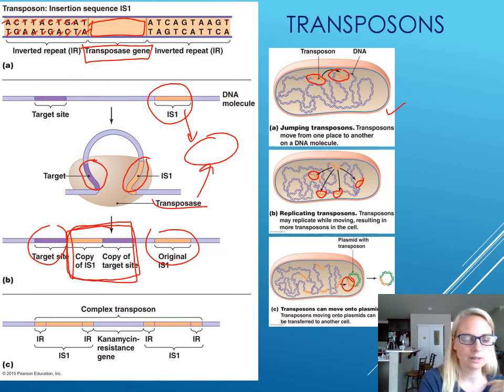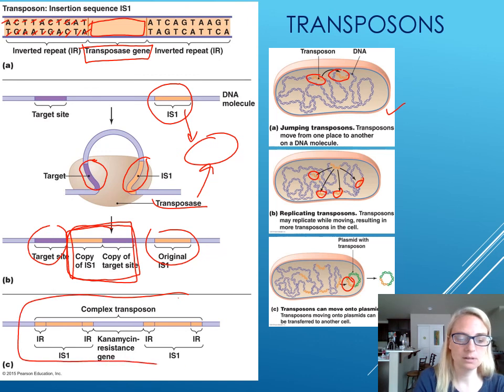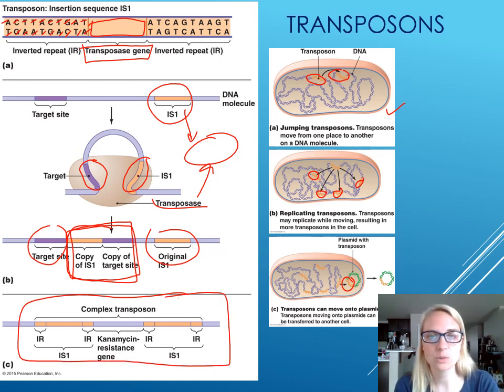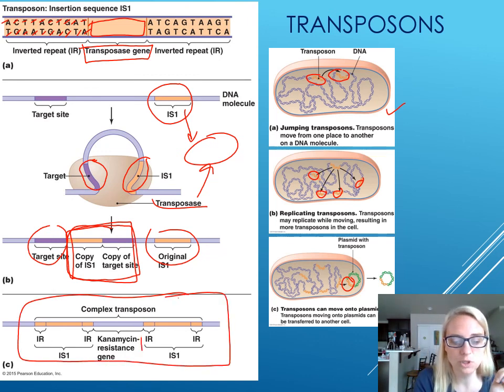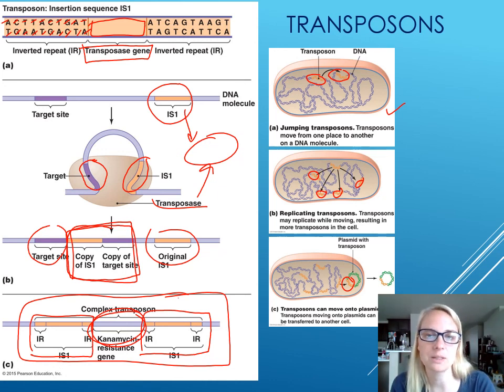This last piece down here is called a complex transposon. So a complex transposon can actually share other types of genes, not just the transposase. Right? So this guy down here. What a complex transposon is, it's basically two of what we just talked about, an insertion sequence 1 and another one. And then right in the middle, in this case, they're putting a gene for kanamycin resistance.